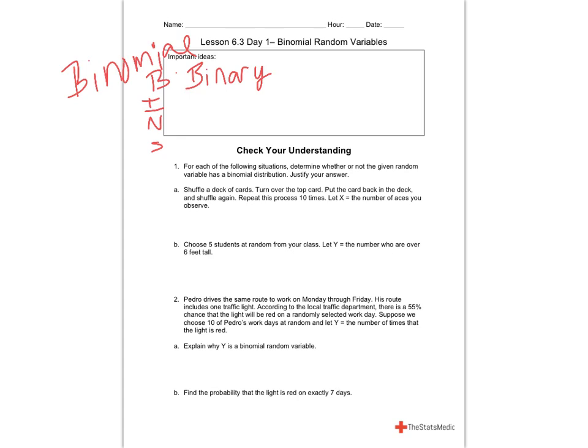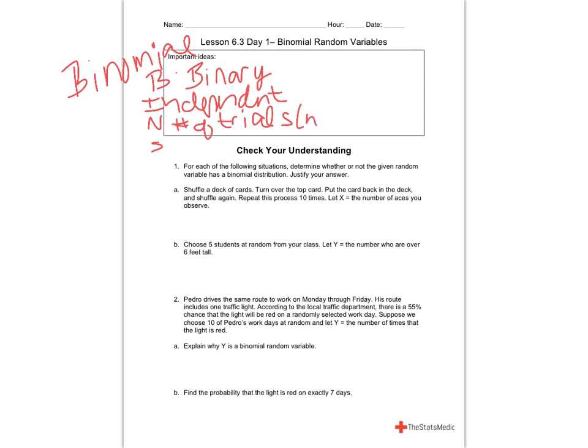Okay? Things have to be independent. All of his free throws are independent of one another. And he could either succeed at them or he could not. I have to have a set number of trials. So for instance, he had a set number of 3 trials. He had 3 possible shots.